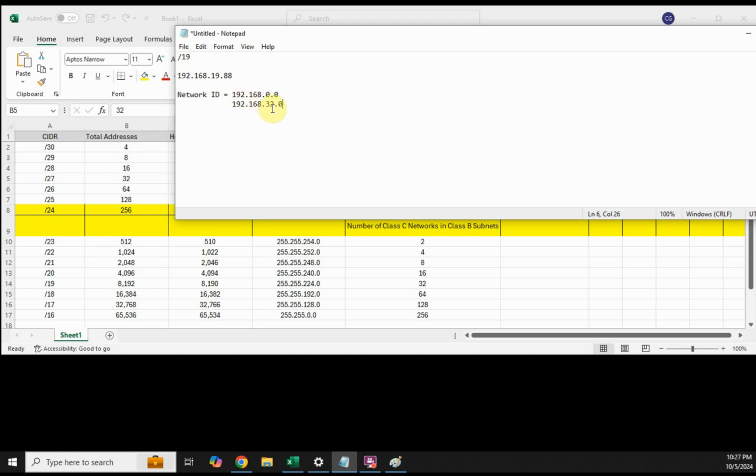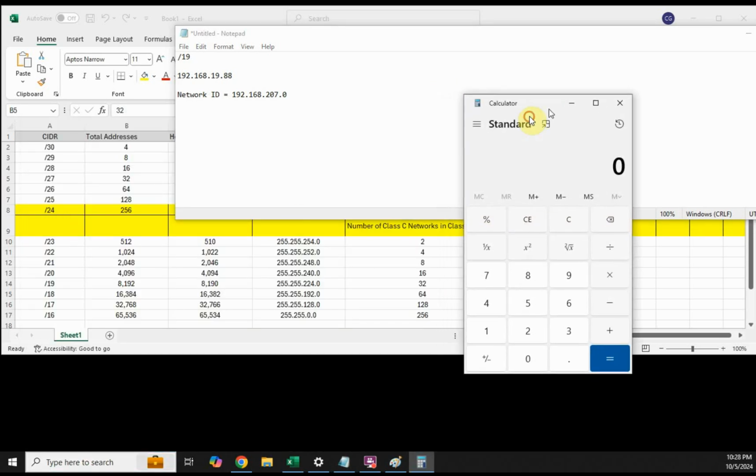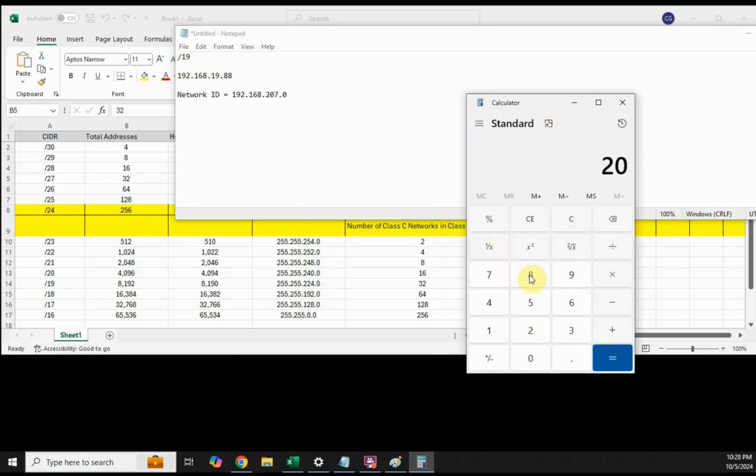So 192.168 dot, I don't know, let's do 207. Okay, where's that sit on a /19? Well, bring up the calculator again. 207 divided by 32 is 6 times.